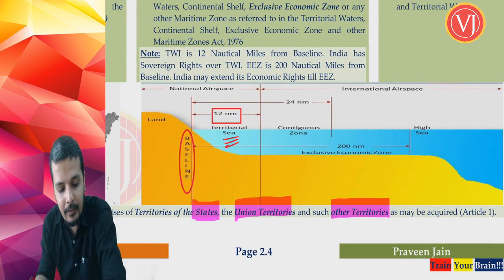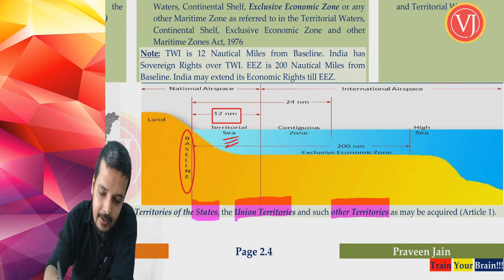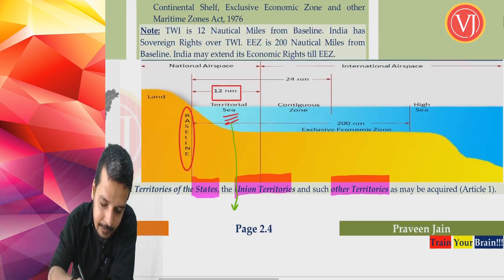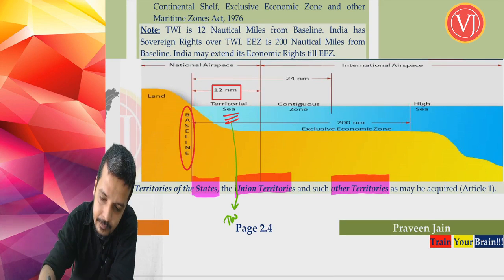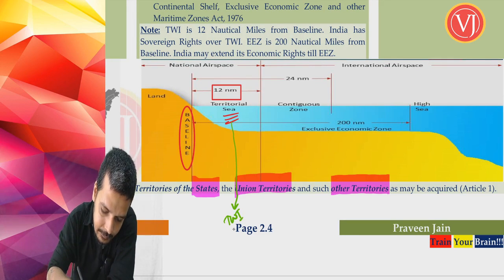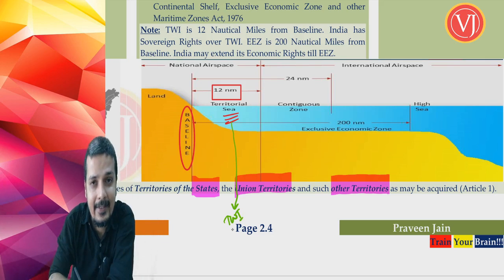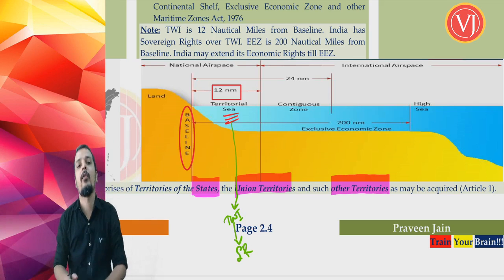Understand that this territorial waters of India, TWI, or territorial sea, it was, it will be, and it is always a sovereign part of India. We are talking about the sovereign rights of India on the territorial waters of India.